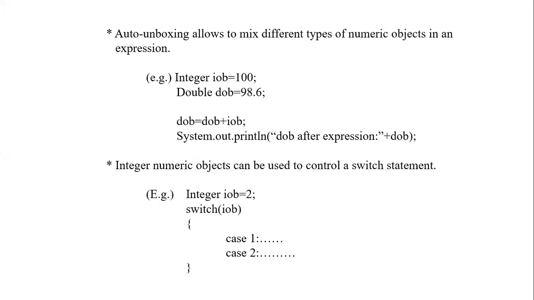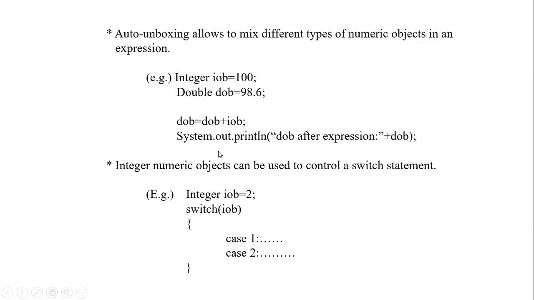See, that was the reason initially why I paused some time to give us some alternate answers for boxing and unboxing, right? So this is generally what boxing and unboxing is. Auto-unboxing allows mixing different types of numeric objects in an expression.